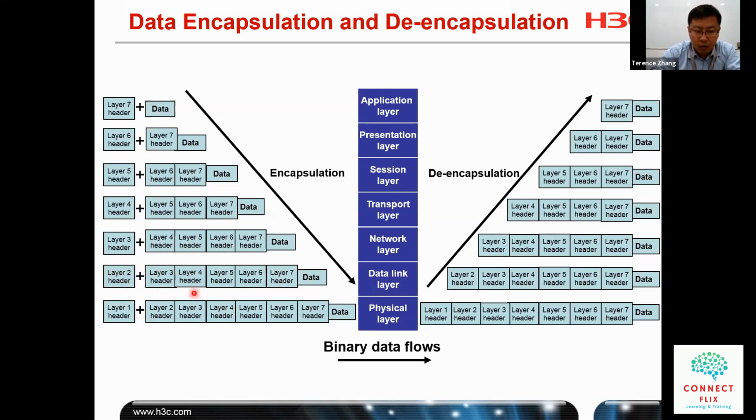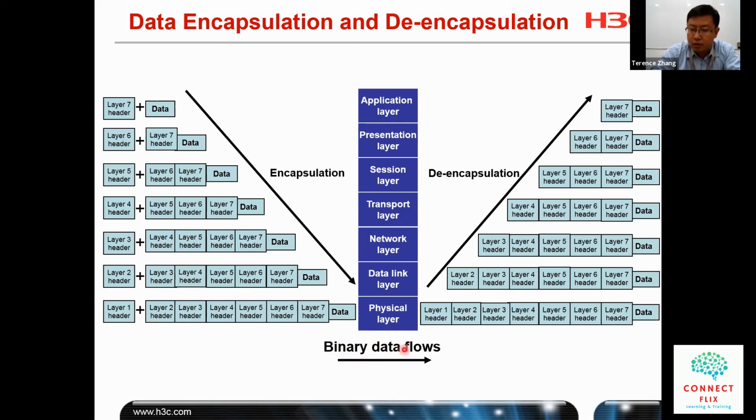This is what we call a frame, right? And then finally, on the physical layer, in order to send this frame out onto the cable or the physical line, it adds the layer 1 header. This part is what we call a bit stream, or bit data, binary data. This physical layer data will be sent through the line in the real case.